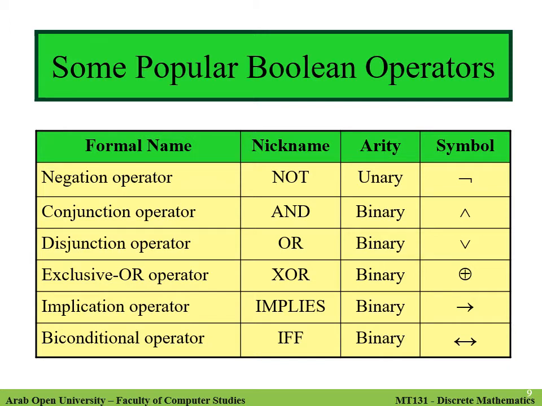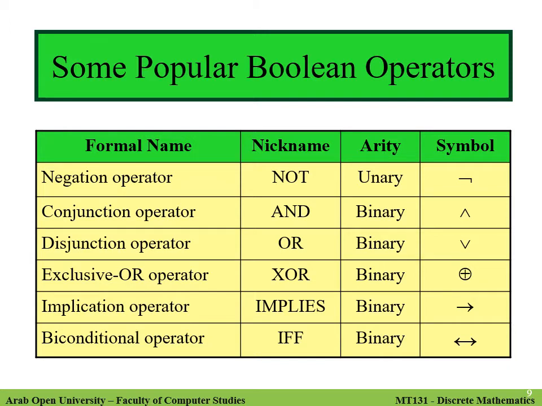The only operation here that is unary is the negation operation. All the others are binary. Unary means it will affect one statement or one object. Binary, which is all the operators except the first one, means you start with two statements and use the operator to form a compound statement.